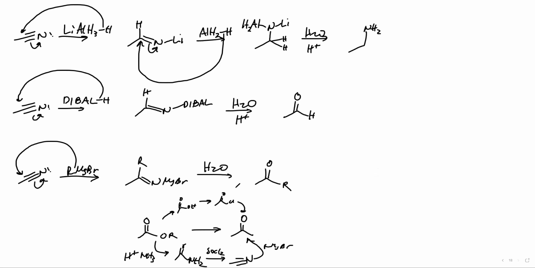So, very important. When you think of how to make ketones in this class, you're going to want to remember R2CuLi and RMgBr. But remember, this is only for nitriles.